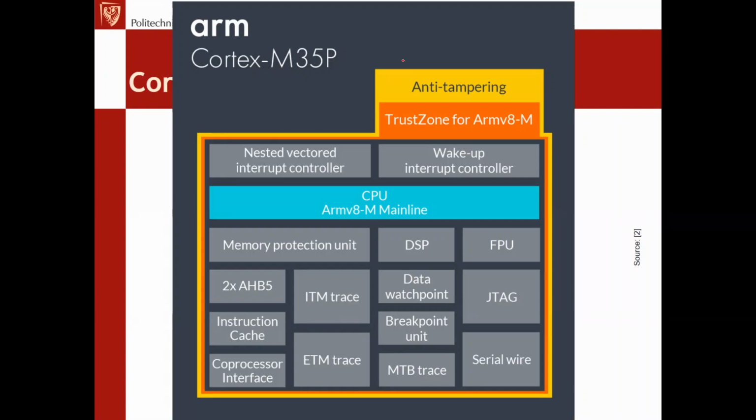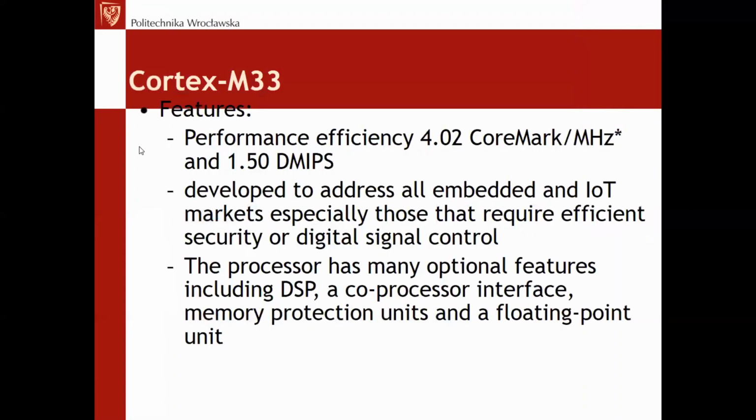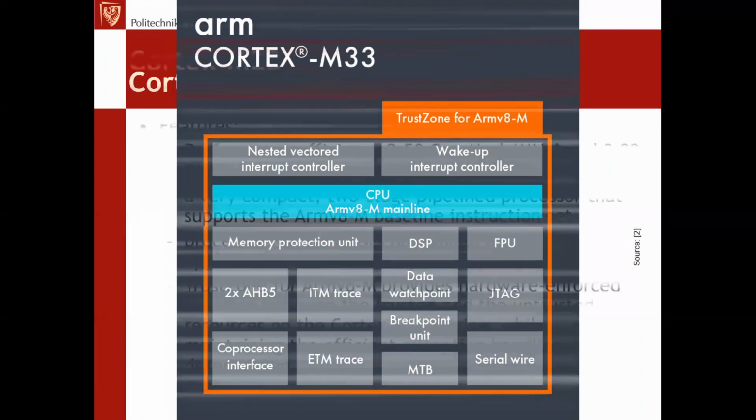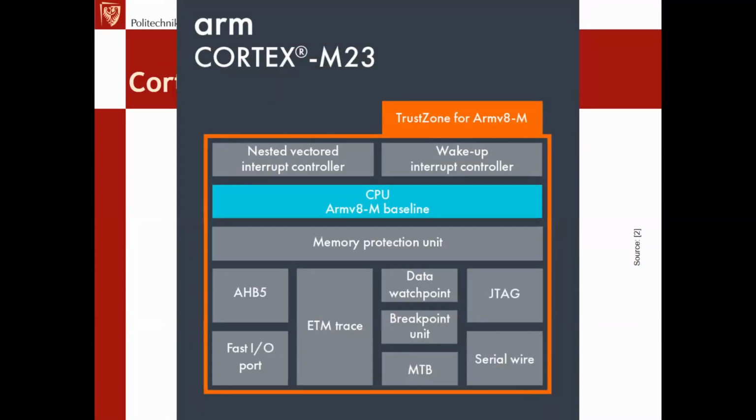Previously, we began with the Cortex M family, and we finished with the last cores that are available on the market. So the new cores, Cortex M23 and Cortex M33. So the newest breed, of course, described in version 8 of the ARM architecture, so ARMv8-M.